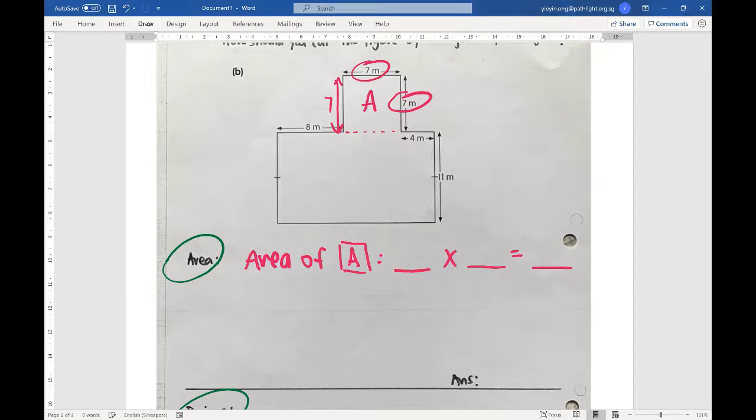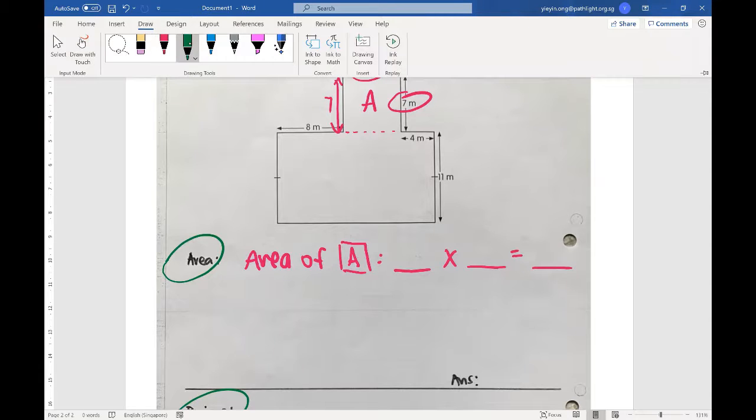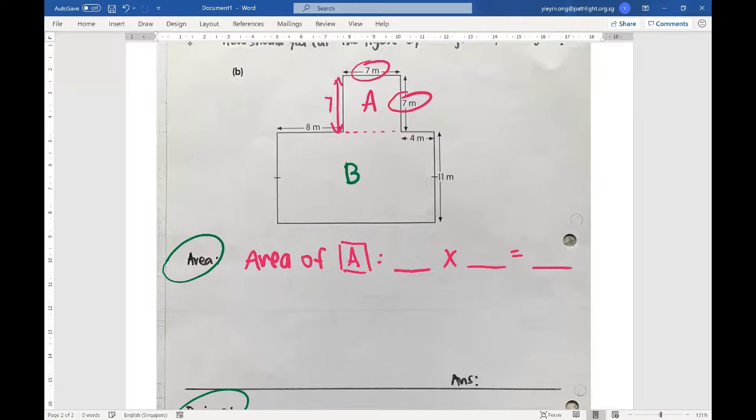Then next, you have to find the area of rectangle B, this part. So you have to find the area of rectangle B. What times what? Length times breadth.